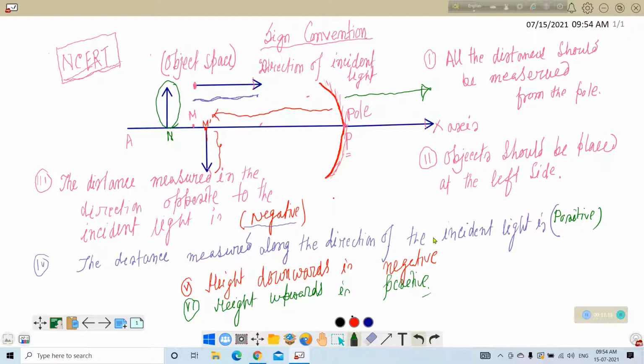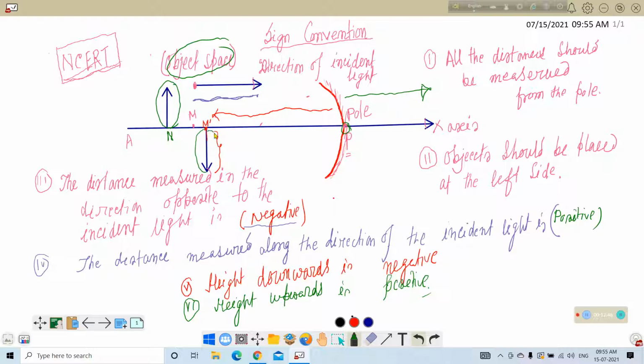So this is all the information about the object space, very important: pole, origin. Number three, distance negative, opposite to the direction of the incident light. Distance positive, along the direction of the incident light. And height of the object: this is positive and this is negative.